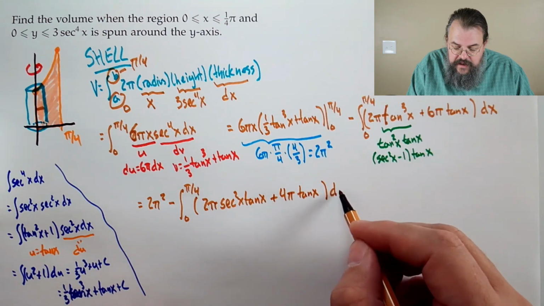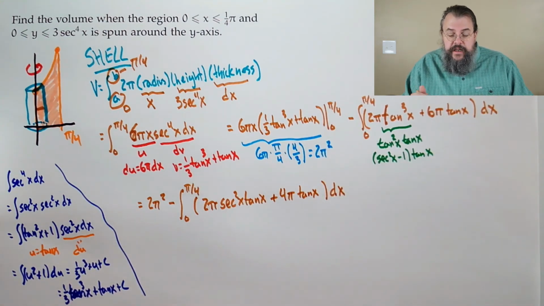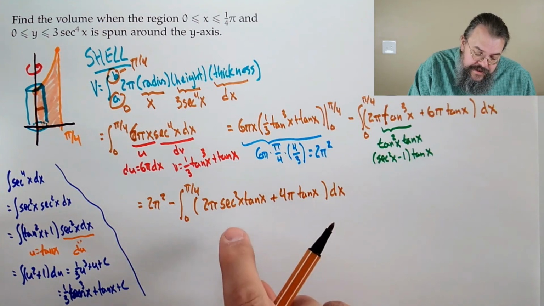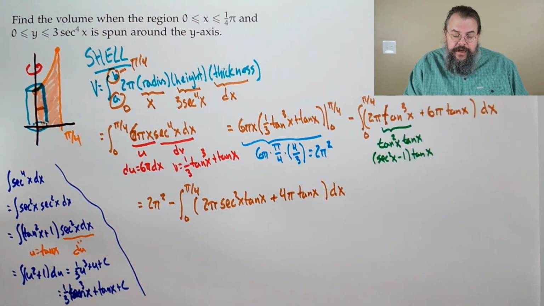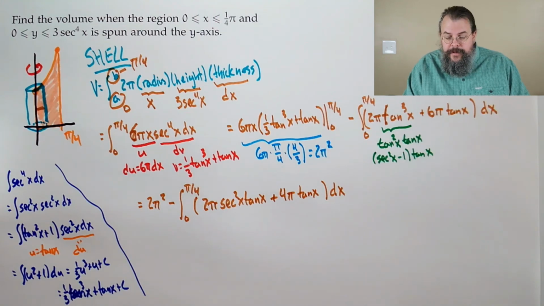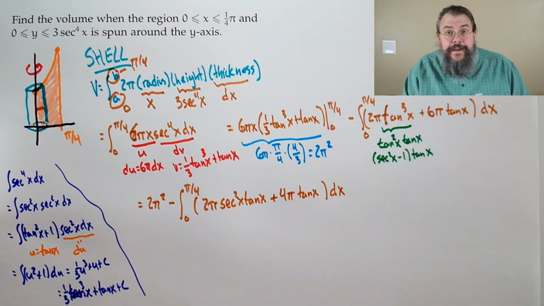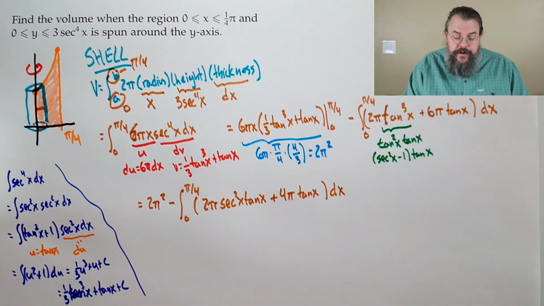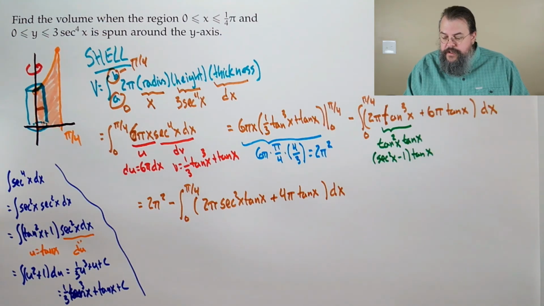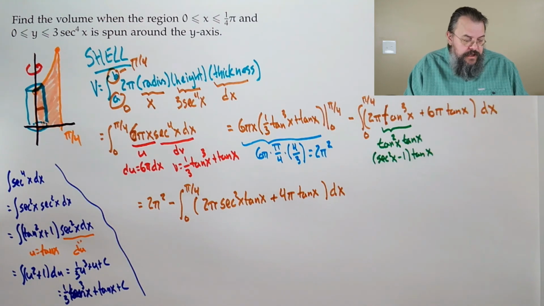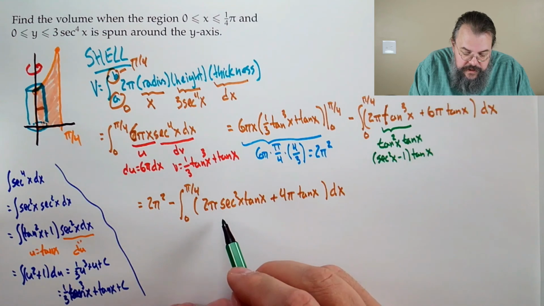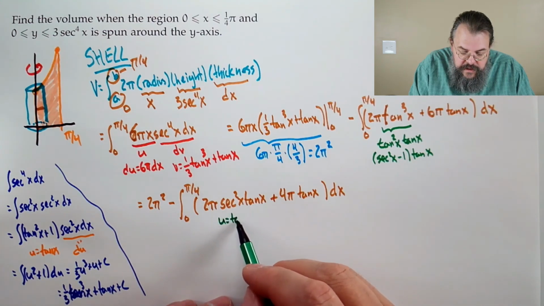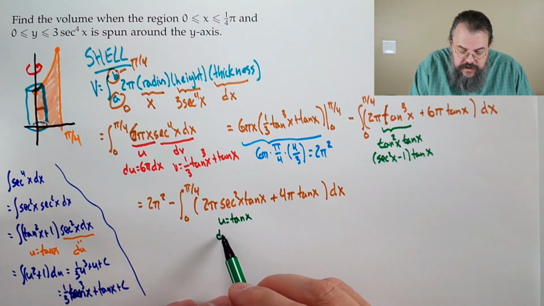Okay, good. Now, we're almost there. Secant squared x tangent of x. Can we integrate that? Well, yeah, we can. In fact, there's a couple of ways we can do it. And what's an easy way? Well, maybe the easiest way is to say, look, if you let u equal tangent, what's du?